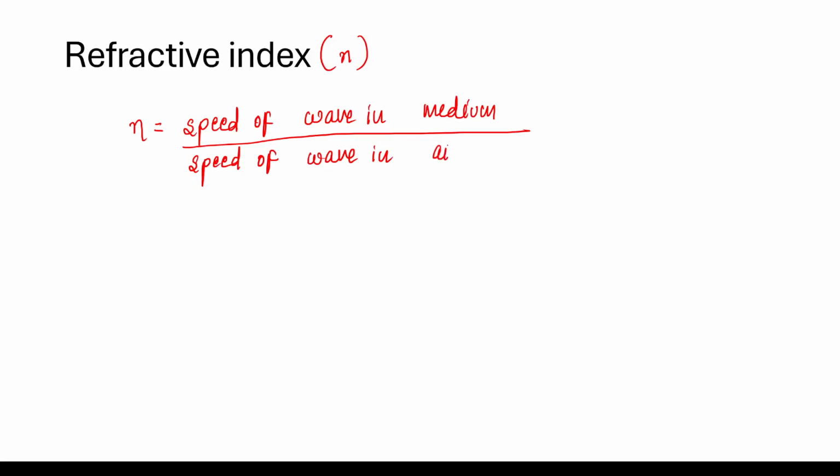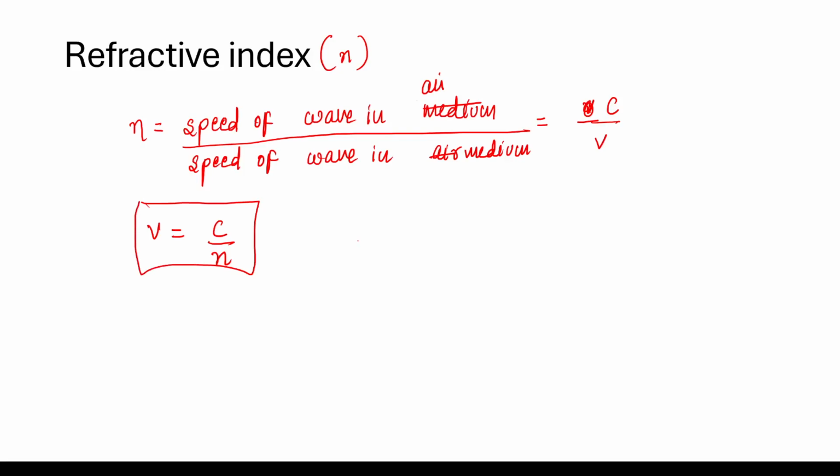So we can write this as c over v, where c is the speed in air and v is the speed in the medium. Because in a medium, the speed is always less than the speed in air. So I can write v as c over n.